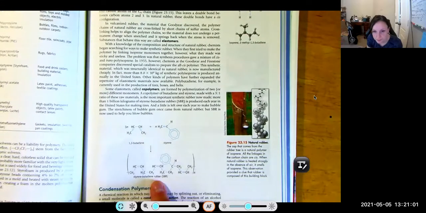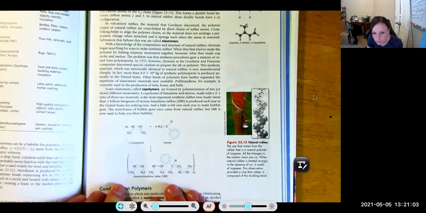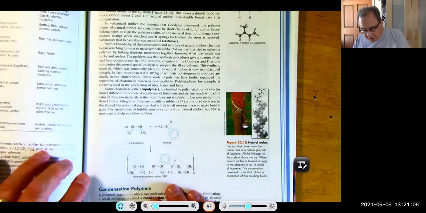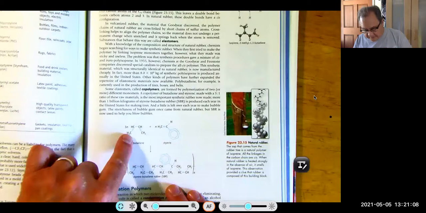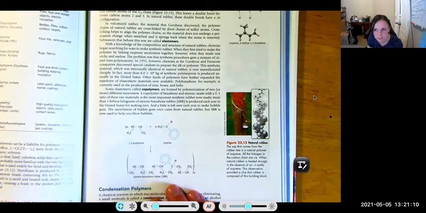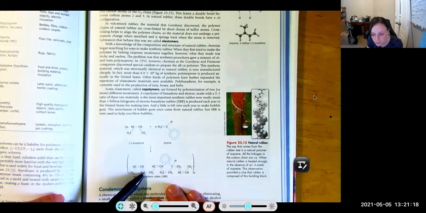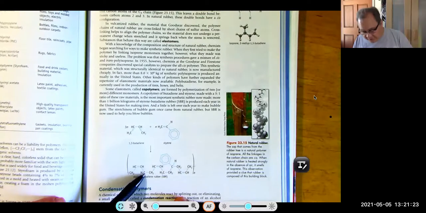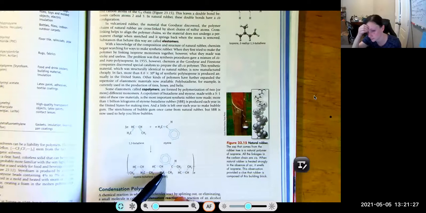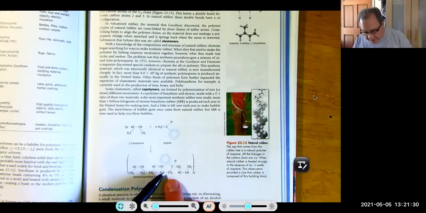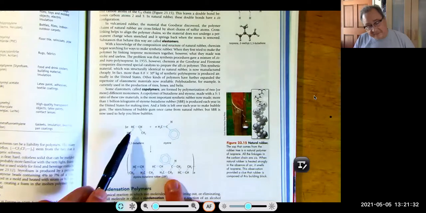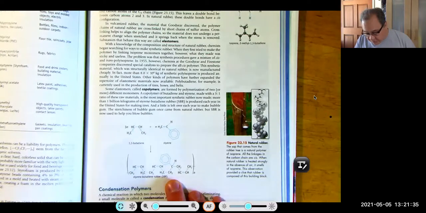However, do you see this is a 4-carbon unit? 1, 2, 3, 4. You see that this is also 4 carbons? And these 4 carbon units come from that 1,3-butadiene. So there's actually 2 butadienes in here.